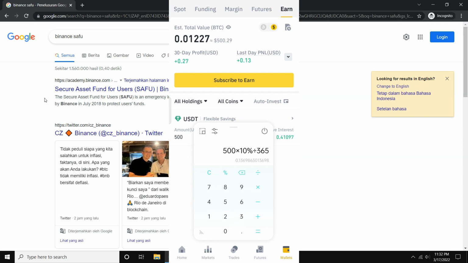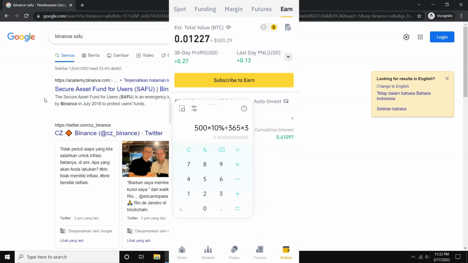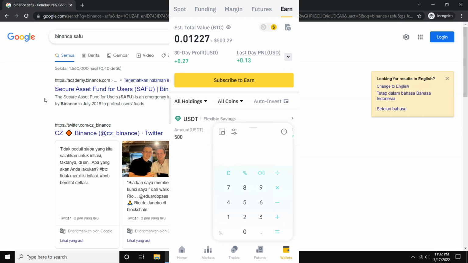And I've already invested for 3 days, guys. If I multiply by 3, you can see the interest is matching. Okay, it's 0.41097. If I were to have like $100,000 here, I could make around $10,000 a year, and if I divide it by 365, it's around $27 a day.